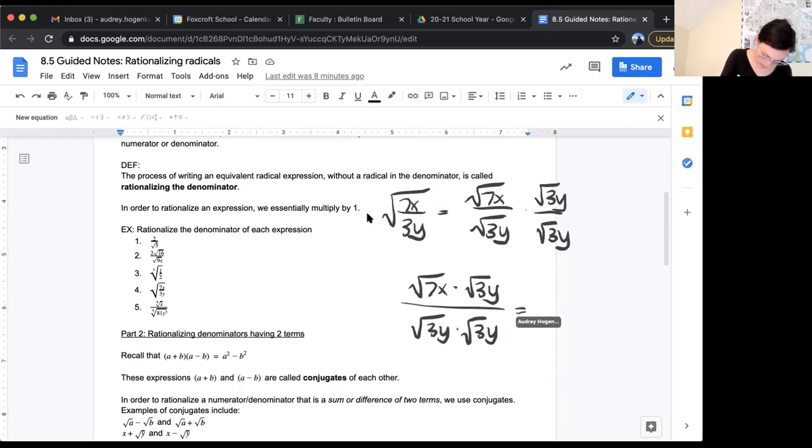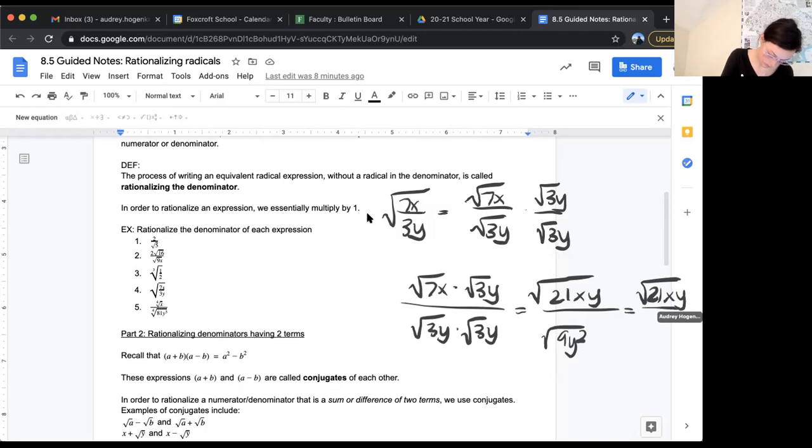That's going to give me the square root of 21xy, times the square root of 3y, and in the denominator the square root of 3y times the square root of 3y would be the square root of 9y squared. And I know the square root of 9y squared is going to be 3y. So I'm going to get the square root of 21xy divided by 3y as my final answer for number 4. And again, no radical in my denominator, just as I'd hoped.